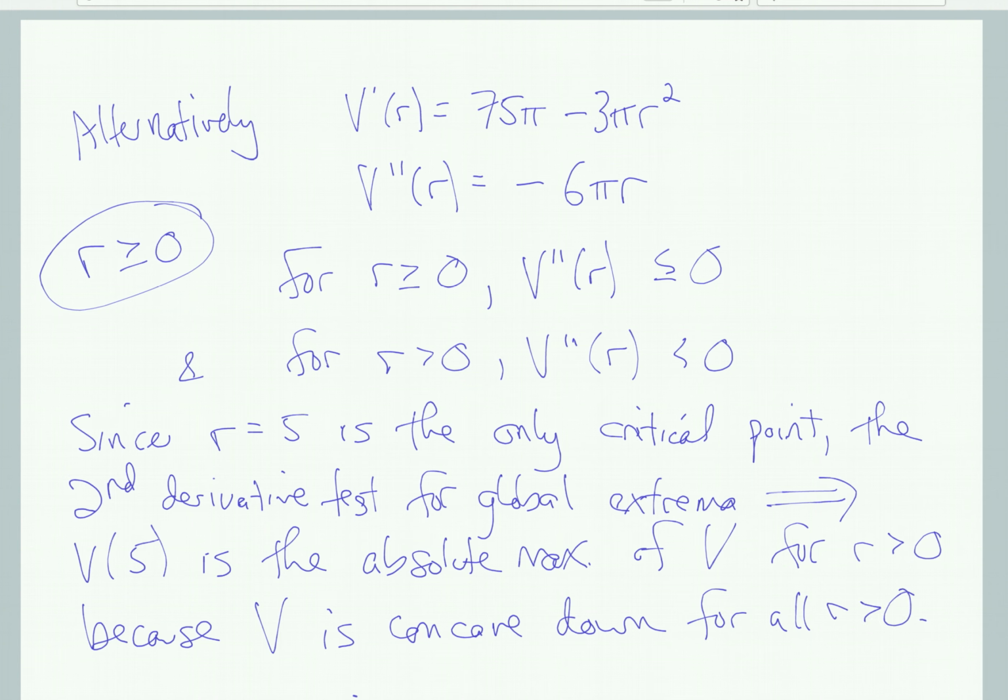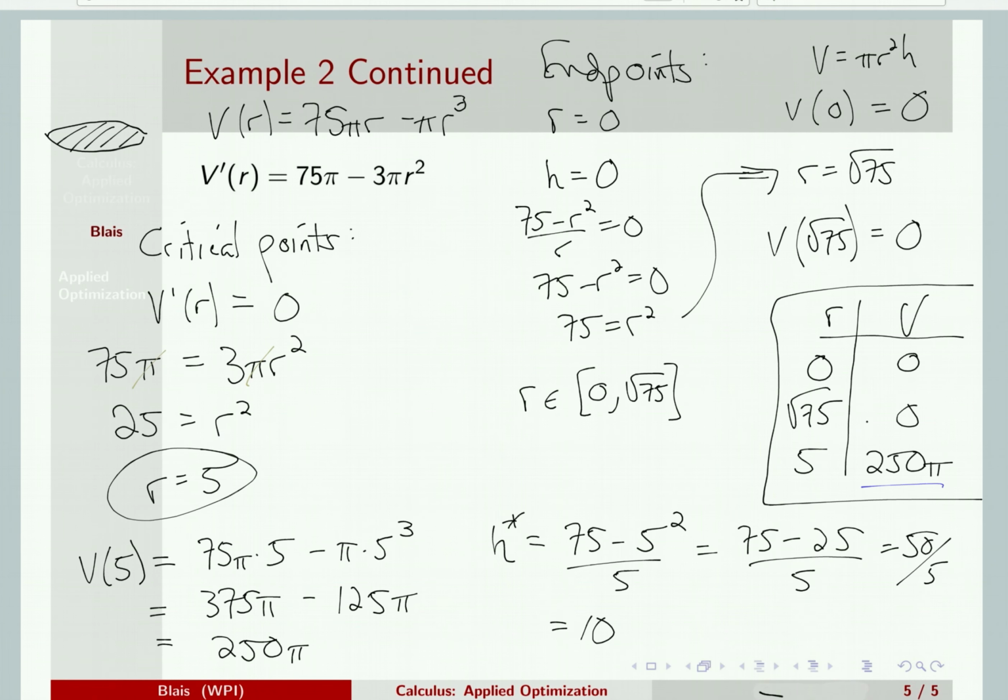So it's the same kind of idea. We have this volume function, and we've seen that at a radius of 5, we had this maximized value of 250 pi.